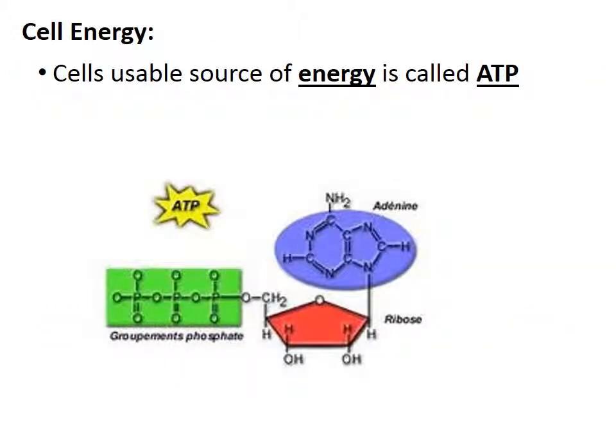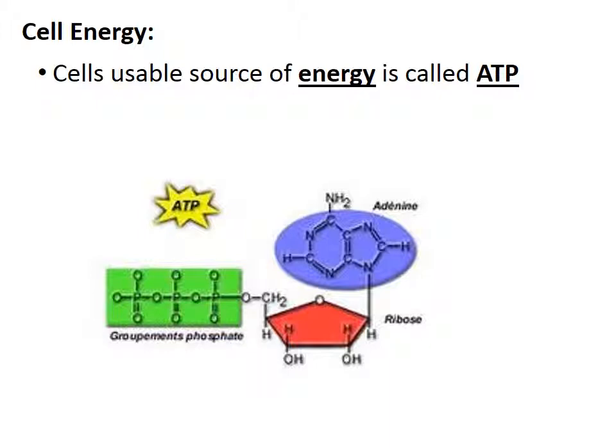So ATP, what the heck is that molecule? Here's the molecule, what it looks like. You will not have to memorize its structure, although it is pretty cool. So we have this adenosine right here. Ribose, that should look familiar. Ribose is also found in RNA. And then we have 3 phosphate groups, hence the triphosphate.